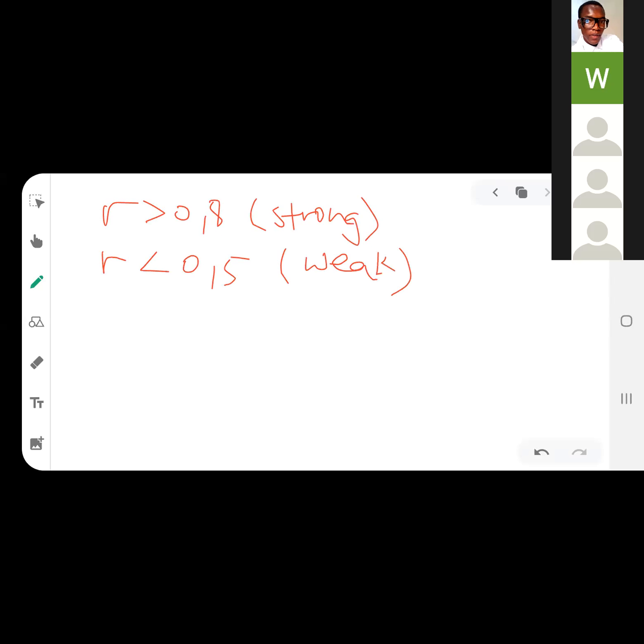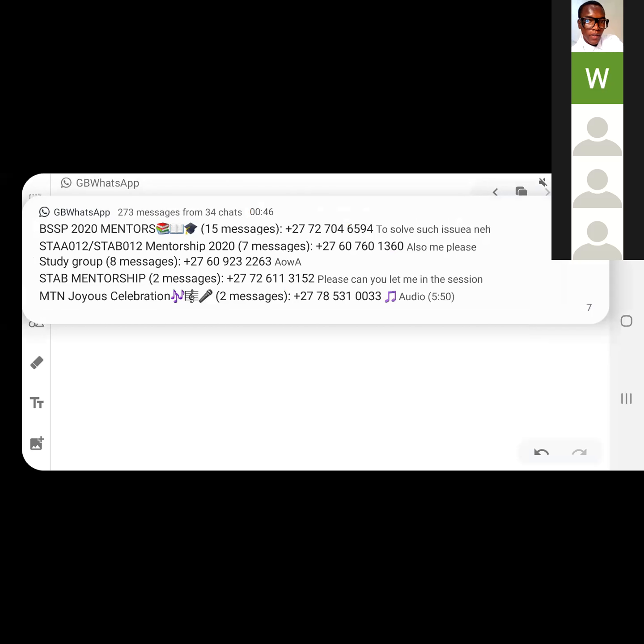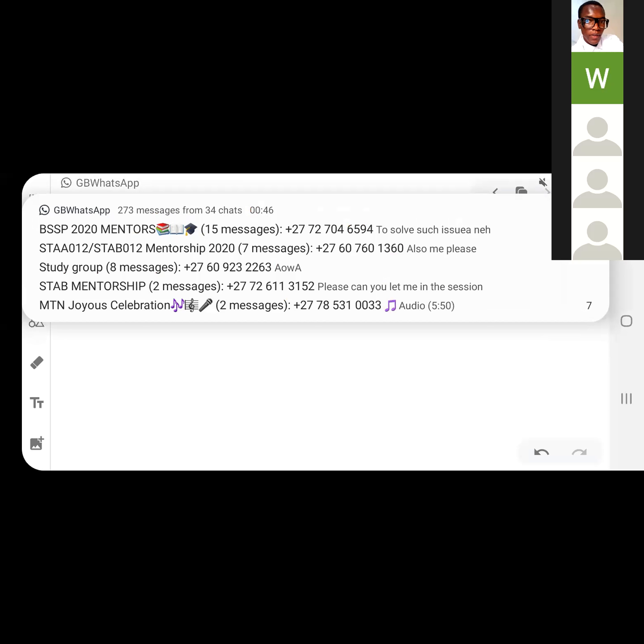So make sure you also write this down, because it will come in the multiple choice. They will give you the information and then they calculate the values of R for you. Or they give you the table and the information, and they say calculate all this. You calculate all those values, and then at the end they say, what is the relationship between the variables? So they give you various options there. So you need to know.